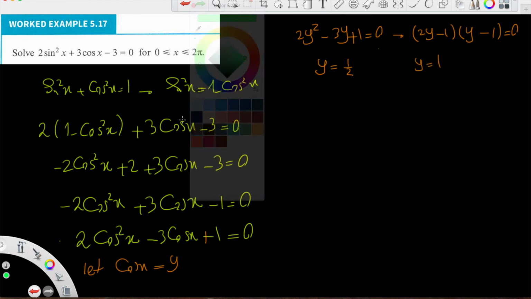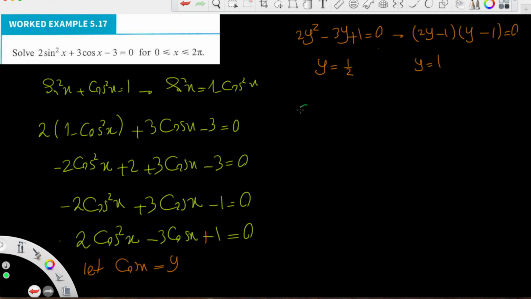So we substitute in this equation to solve. y was cosine of x. Cosine of x is equal to 1 over 2, and cosine of x is equal to 1. Now we need to solve these two equations. As it is in rad, here x will be pi over 3 and 5 pi over 3 after solving these equations.